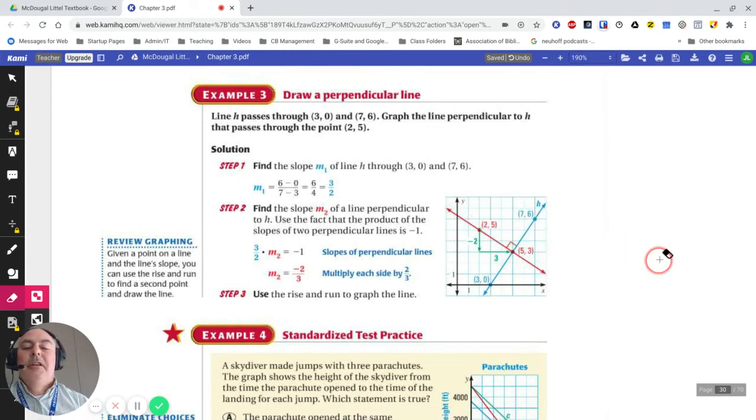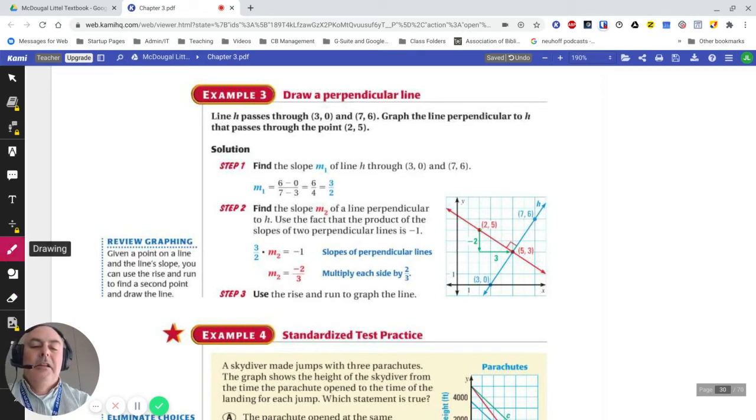Same thing will be true here for a perpendicular line. I can identify my original line and figure out the slope of that, and then I look at my rise over my run of the negative reciprocal, so that when I multiply them together, they end up being -1.